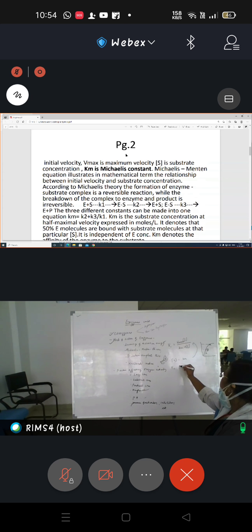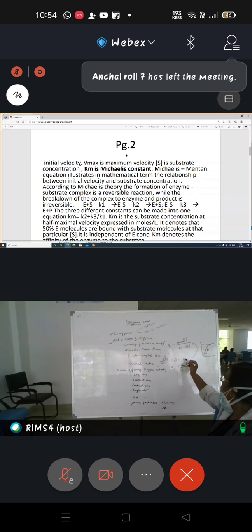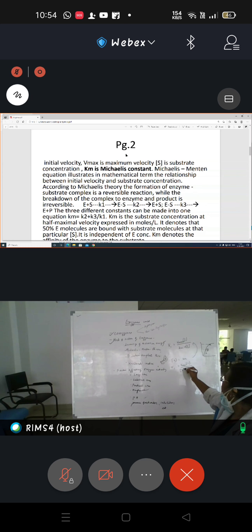So we can say Vmax times S by, substituting Km by S, Vmax times the substrate concentration by 2S.